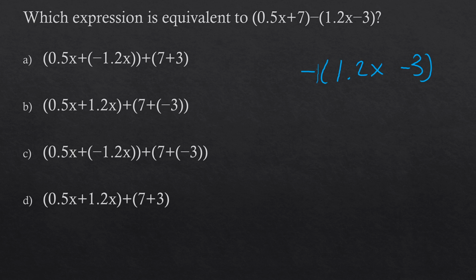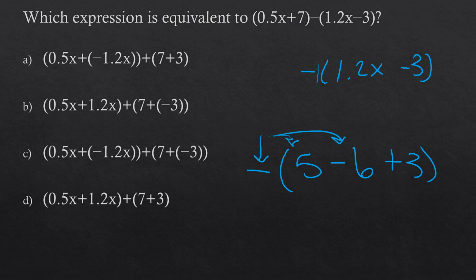So if I were to have a positive 1.2, let me do this with a different example first. Say I had something like this. Okay. This minus sign here is going to make all of these numbers in here have the opposite sign. Okay, so this 5 was positive, so it's going to now become a -5.